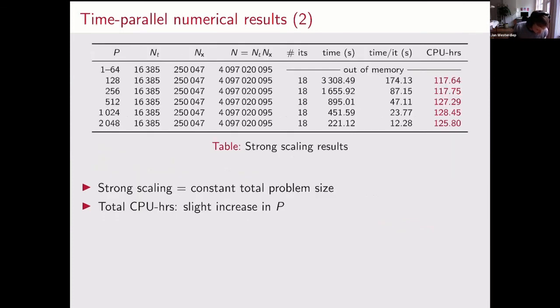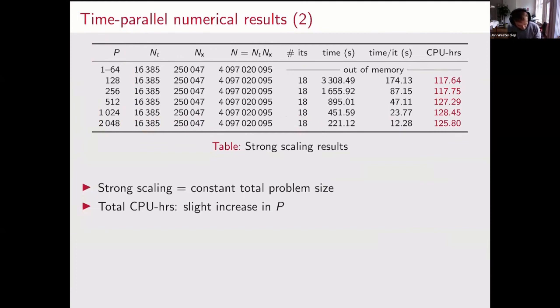Here are the first strong scaling results. We see here the number of parallel processors, and here we have the problem size. We have 16K degrees of freedom in time, 250K degrees of freedom in space, and we solve this system in 18 iterations of CG.